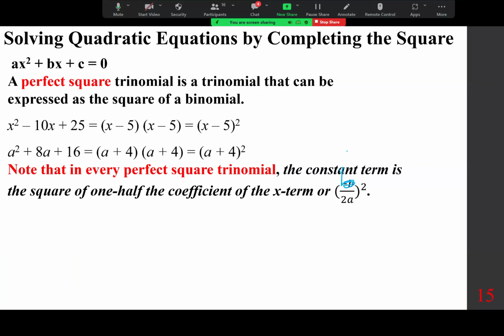So the steps are: number 1, find b. Number 2, divide b by 2. Number 3, square this number. And that's the constant that we are referring to.